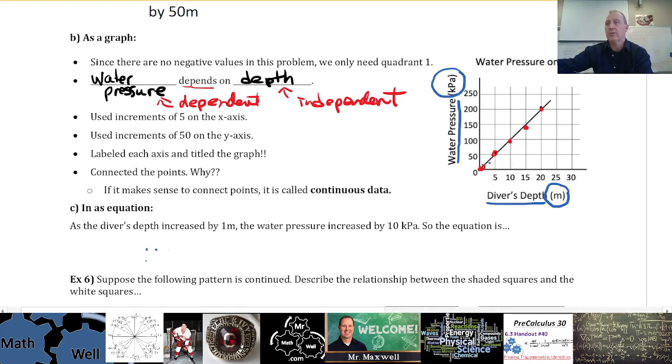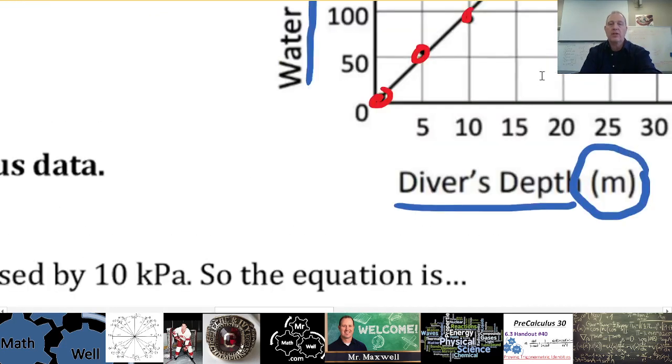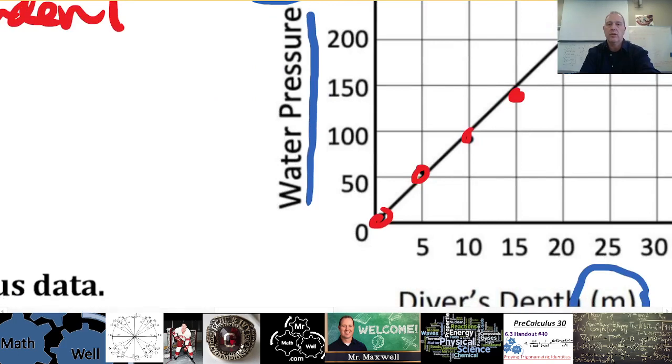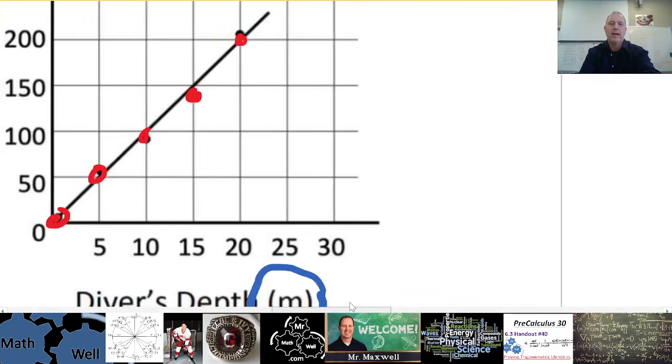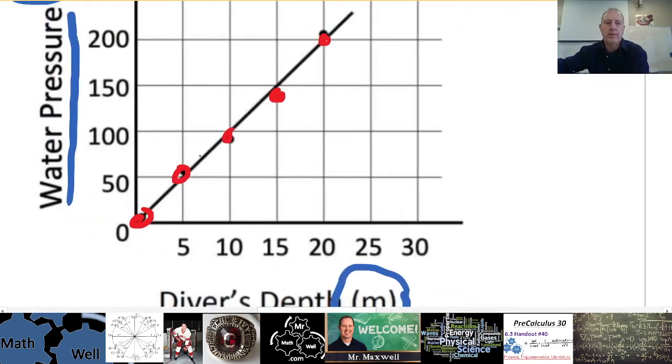I'll zoom in here and show you. For example, I did not graph this point right here, which is about 7.5 and 75. So is it reasonable to assume that that point exists?